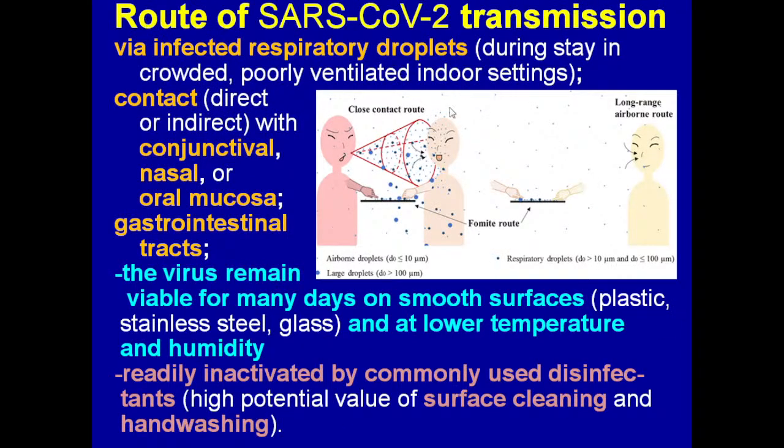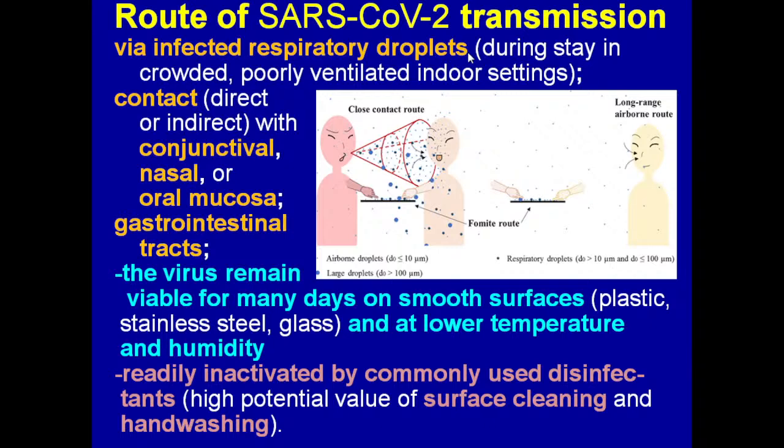A few words about the epidemiology of the disease. We discussed the pathogenesis of the disease starting from the source of infection and route of transmission. So the route of SARS-CoV-2 transmission is usually via infected respiratory droplets. What is the common situation where we may contract it?